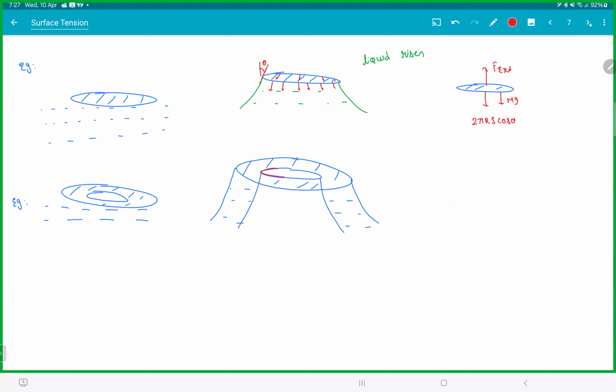There'll be one force on this surface, 2 pi r1 s cos theta, if it makes an angle theta there. This will be another force, the entire length 2 pi r2 s cos theta. So whenever you put something on a liquid surface and try to pull it out, it does exert a force. Clear with this?